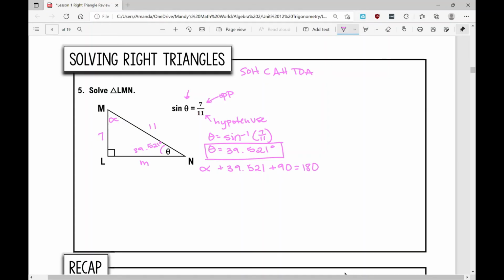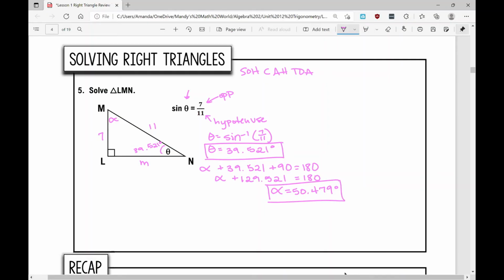Right, if I've got one angle measure and then I know the other is a right angle, I can find that third angle. So now let's add 39.521 plus 90, and I get 129.521. And then if I subtract that from 180, I get 50.479. So I know that that other angle is 50.479 degrees.